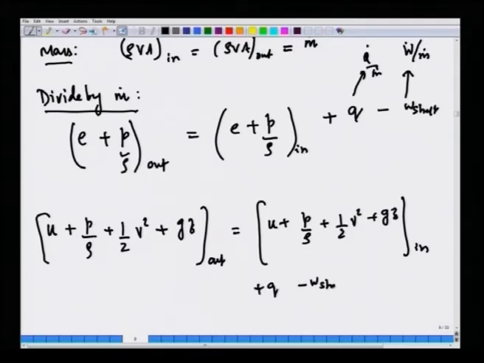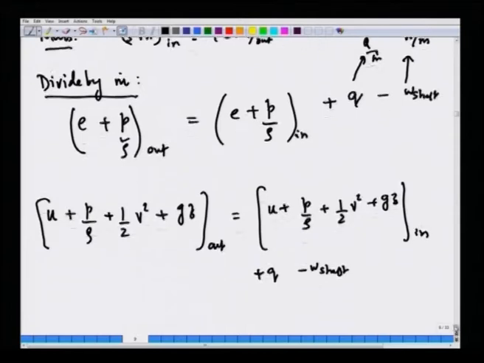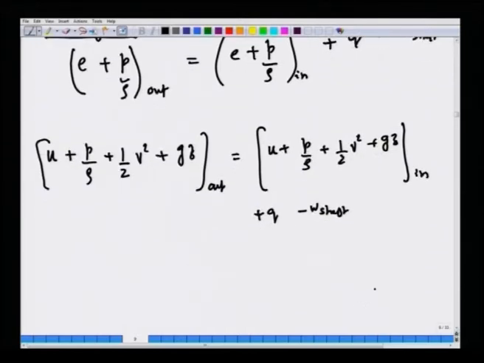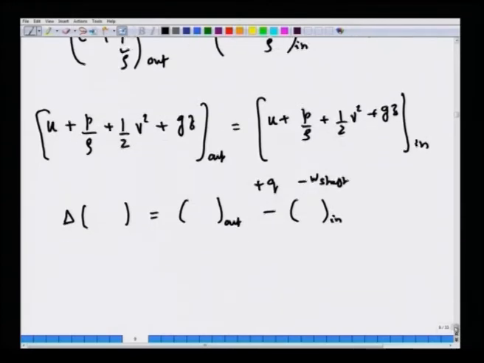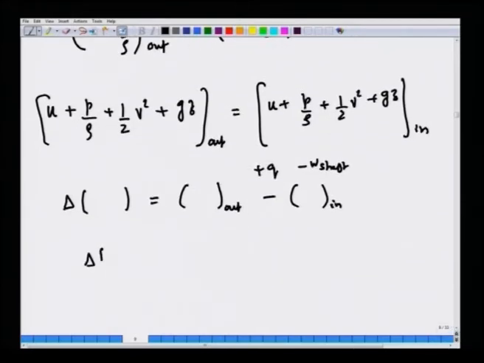This is heat into the system, sorry, control volume per unit mass. This is the work done by the control volume per unit mass. There is no rate involved. Okay. Now, I can use a new symbol delta as that quantity evaluated at outlet minus the quantity evaluated at inlet. So, delta of u plus p by rho plus half v square plus g z is q minus w shaft.